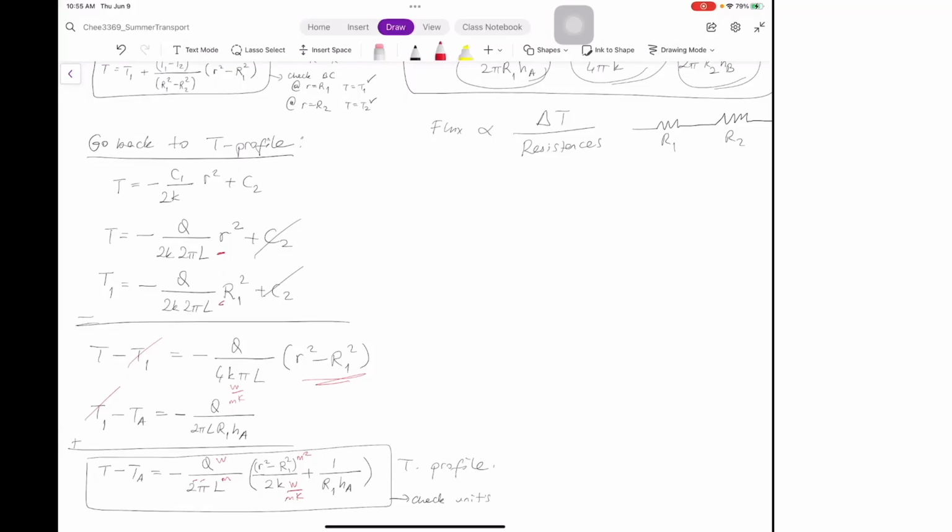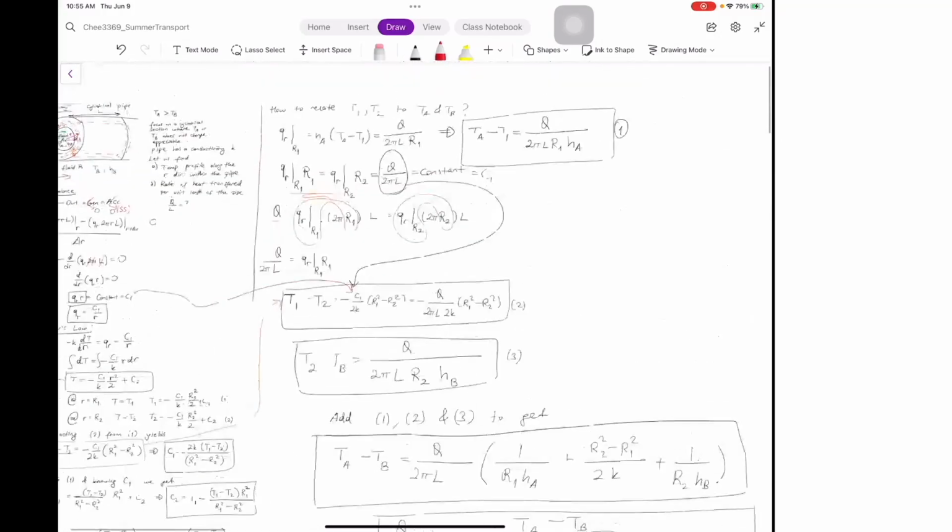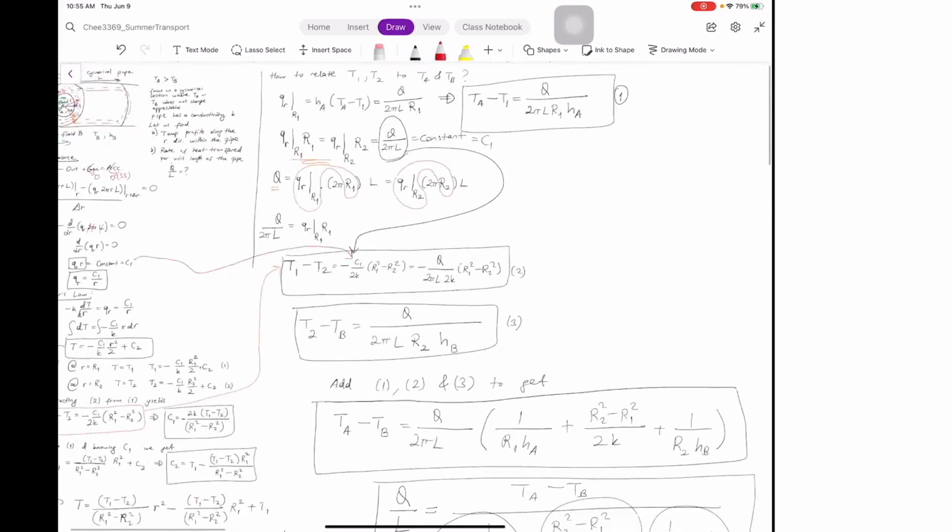Either here or here. C1, how did I plug in the C1? The C1 looks correct, right?